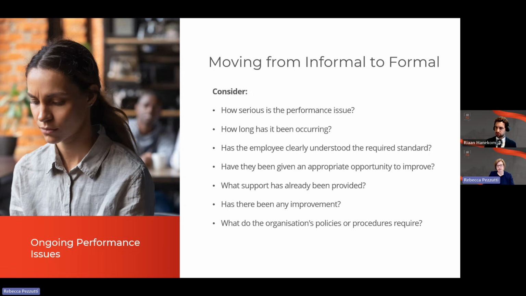How long has it been occurring is also critical, but I think that has to be qualified by how long has it been occurring since we had a conversation and supports were provided and efforts have been made to improve. Because there's no point complaining about performance that's been going on for a long time if there's never been an earlier conversation about it.